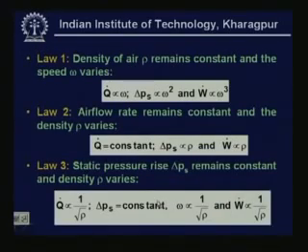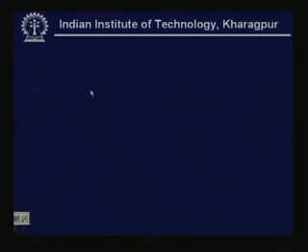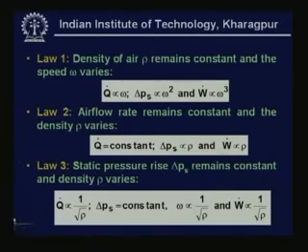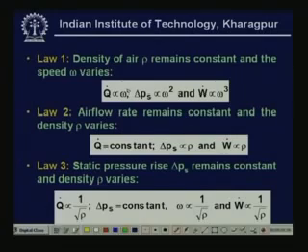So, first, fan law 1. Fan law 1 is applicable when density of air remains constant and the speed omega varies. So, this law is valid under these conditions. From the previous relations we find that Q dot is proportional to rotative speed, that means if you increase the speed, Q dot increases directly.